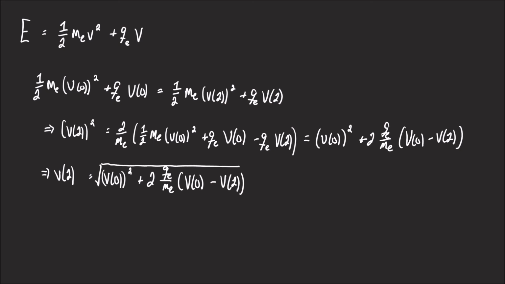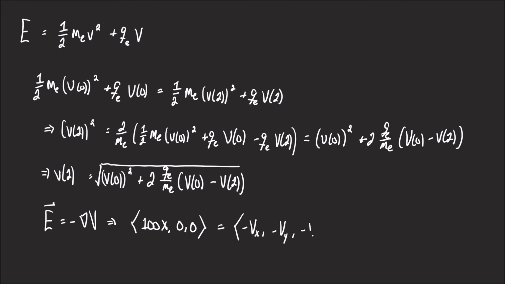We just need to find V of x, the potential. Now, since E is conservative, we know that E is equal to negative del V. Now, the electric field, we were told, was 100 x, 0, 0. Right, now this has to equal negative V sub x, negative V sub y, negative V sub z.